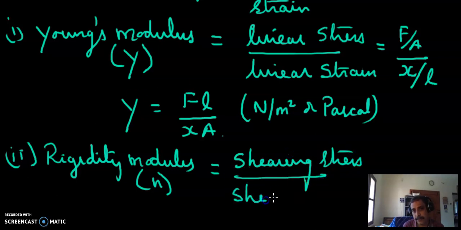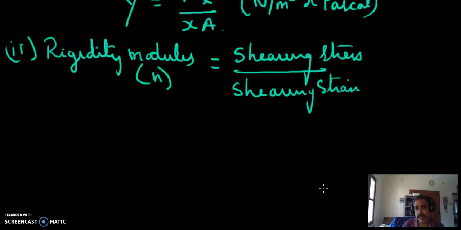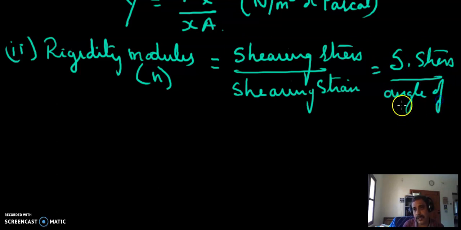Let's first write the formula. Shearing strain is also written as shearing stress by angle of shear. We are going to see how. Shearing stress by angle of shear.